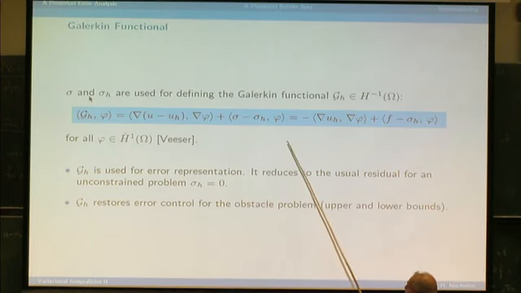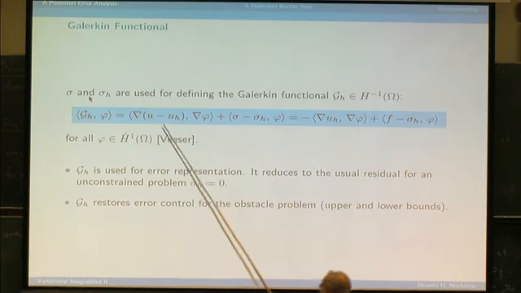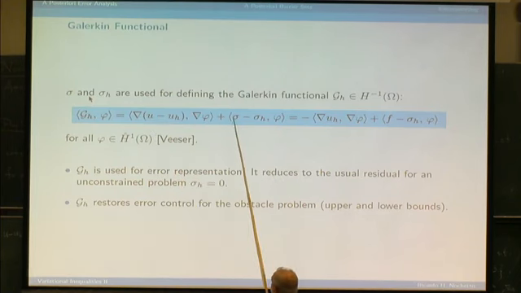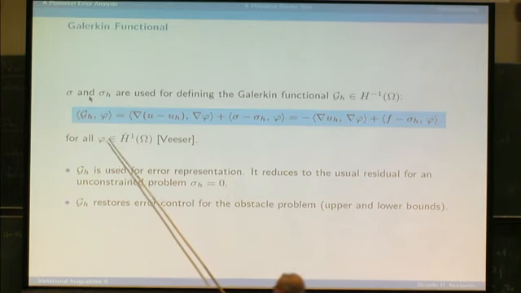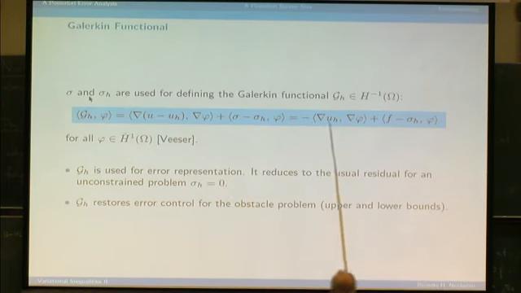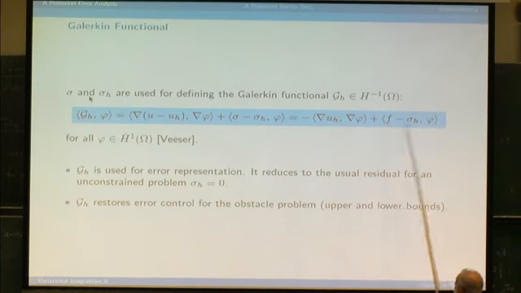This would be the natural thing to do if you have a linear problem. If you replace the gradient of u and sigma by what they satisfy, you get the function f. This comes from the continuous problem. So you see the Galerkin functional is completely computable. It depends on uh, f, and sigma h.